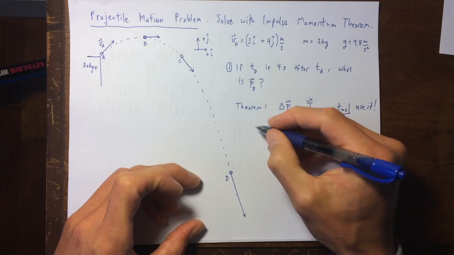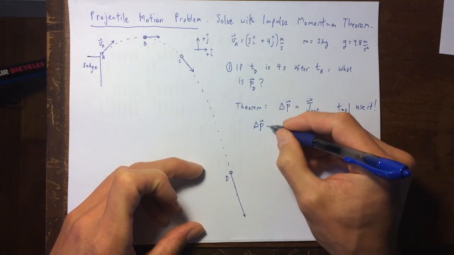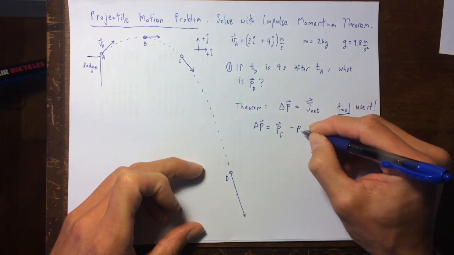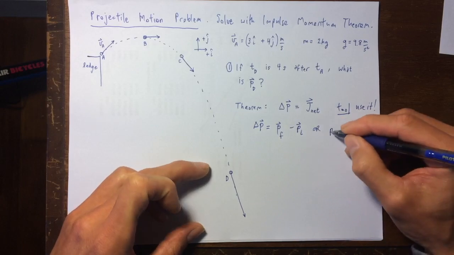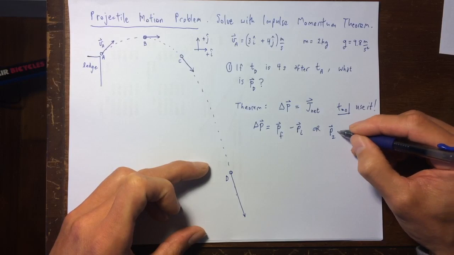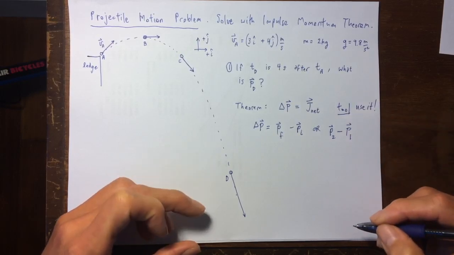So let me think, delta p. Delta p is a change in momentum. It's like a momentum final minus momentum initial. Sometimes it's like that, or it's a momentum at some second place minus some momentum at a first place.